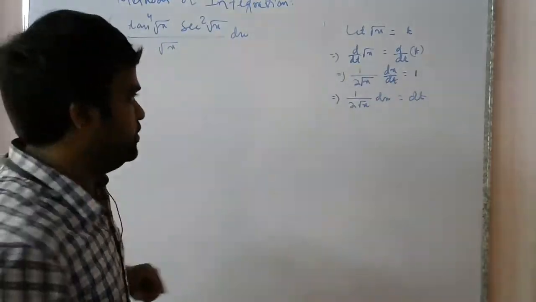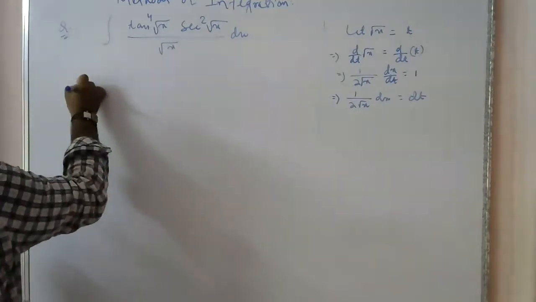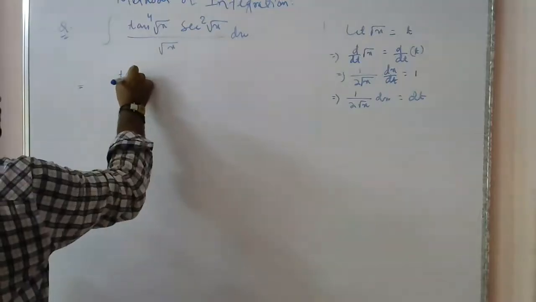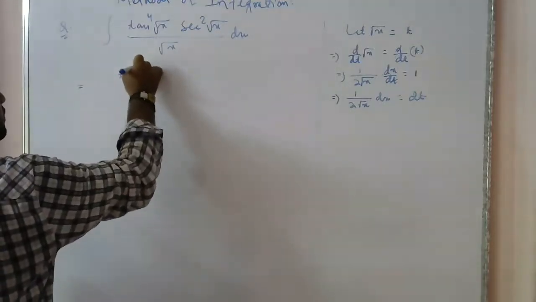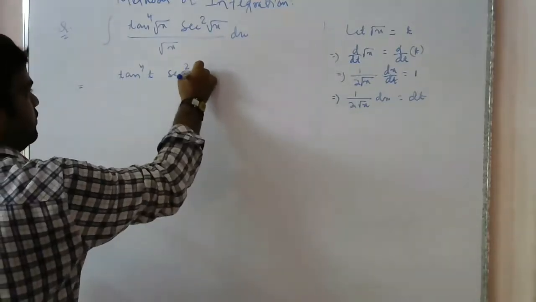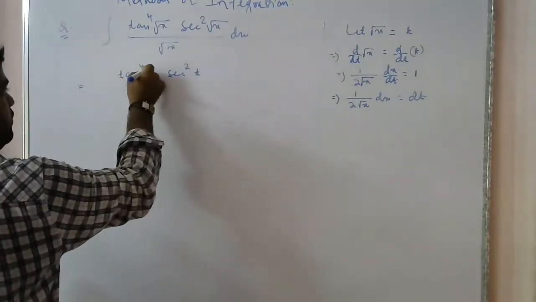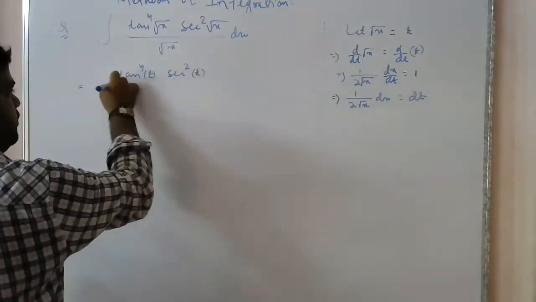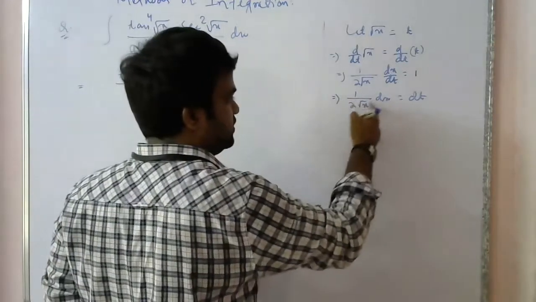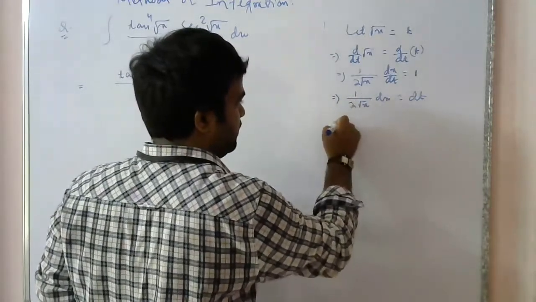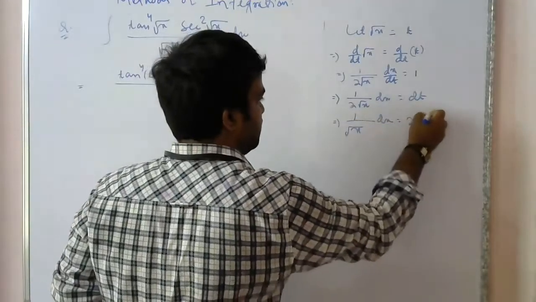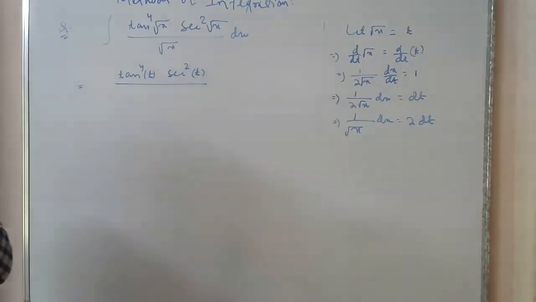It will become tan root x is t, tan to the power 4 t, sec square t. This root x converted to t, and 1 upon root x dx is 2 dt. Okay, you can write this.